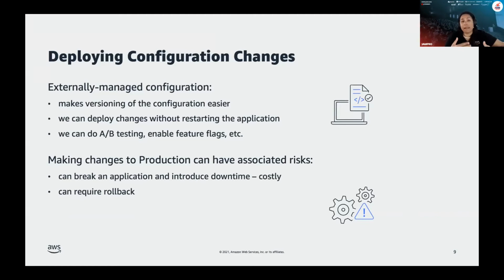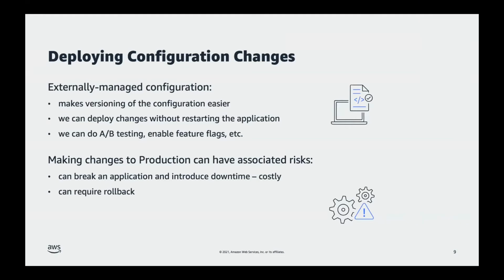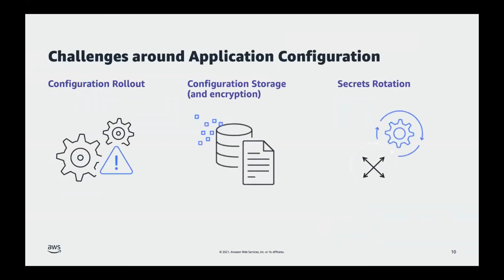We should ideally validate it up front before rolling it out. And when we roll it out, we might want to do this in a controlled manner, in a stepped fashion, so that if there is an impact to our application because the configuration is not in the right shape, we have a limited impact.